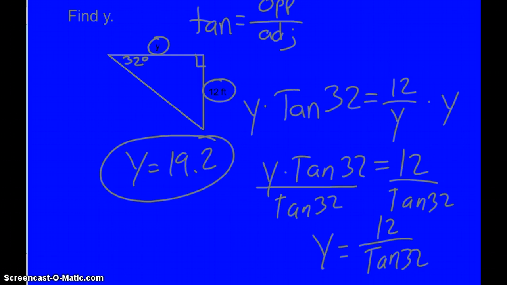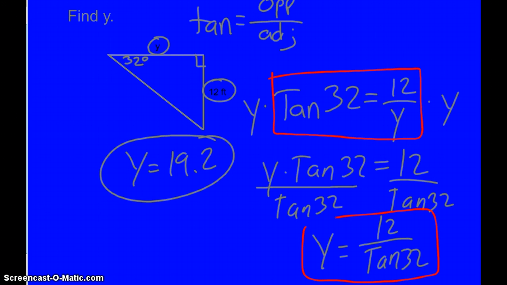However, that's a lot of work for this single problem, when if we look back at what the original problem had, and what our solution was, we can recognize a shortcut here. Whenever the variable is on bottom in our ratio, what happens is our y and our tangent 32 traded places.